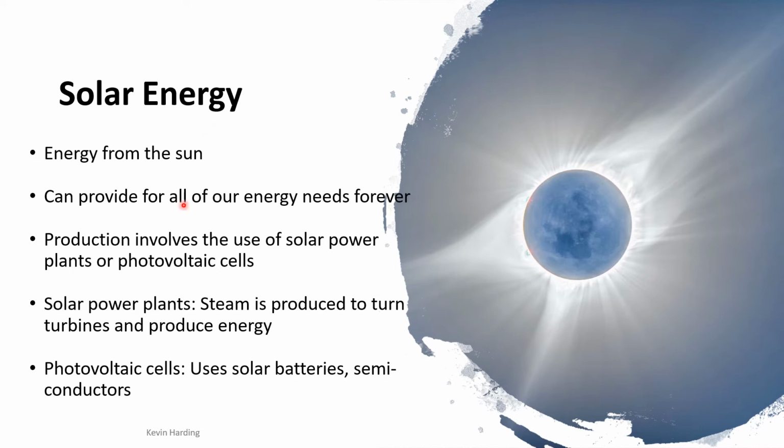So the photovoltaics are going to use solar cells and semiconductors to produce electricity. That's the one form of solar energy that we can have. There are various others as well. One is a solar power plant where we can use the heat of the sun to produce steam, which then turns turbines and produces energy. So there are basically two types of solar energy we can get.